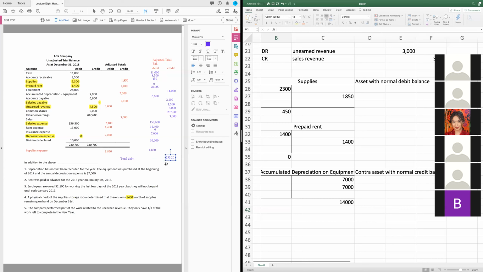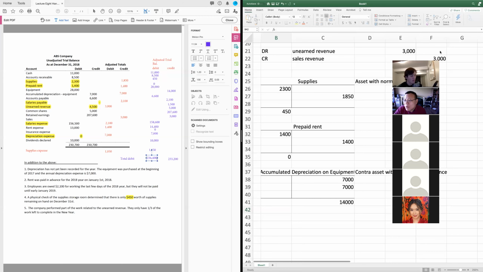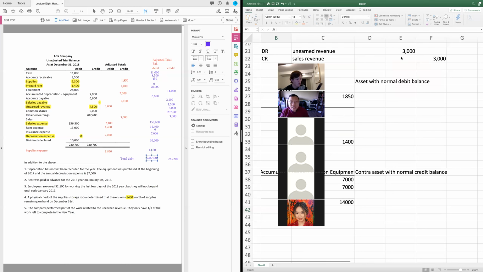233,200. Okay. Did anyone get the debit? For the debit, I got 236,400. Oh boy, we don't agree with each other. We are in trouble. I might have missed something. We need more people to do the calculation. We want to know which number is right, or maybe neither is right. Anyone else done the calculation?